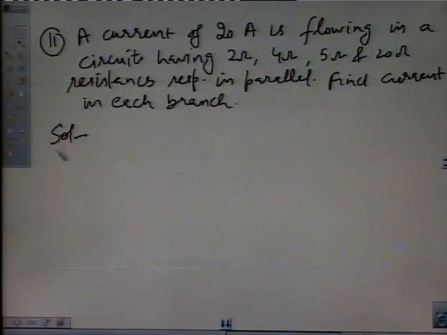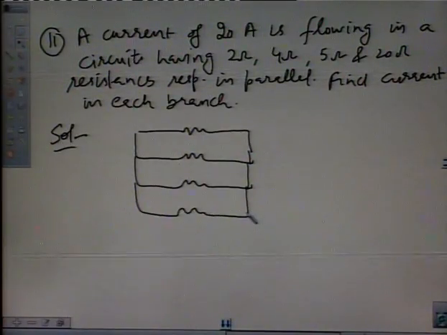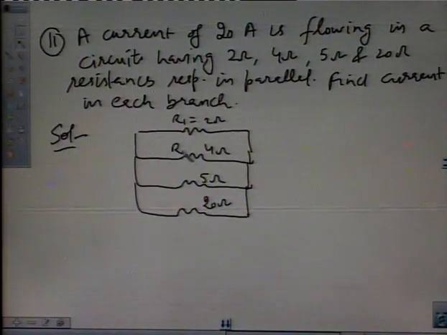So its solution is, firstly we will draw a diagram. We have 4 resistances. These are 4 resistances connected in parallel. This is 2 ohm, 4 ohm, 5 ohm and 20 ohm. R1, R2, this is R3, this is R4.